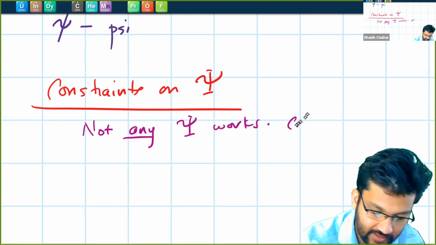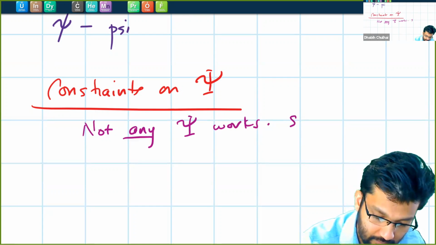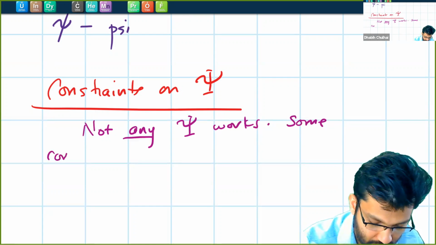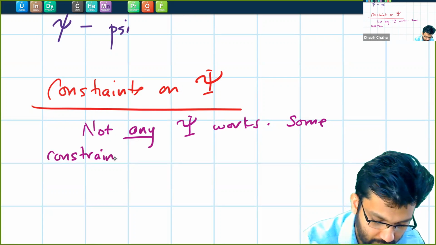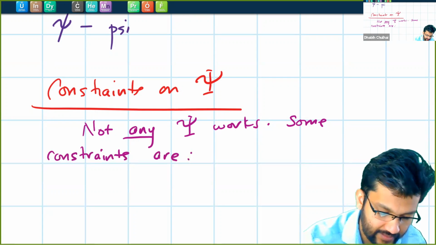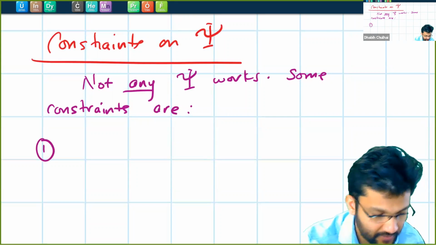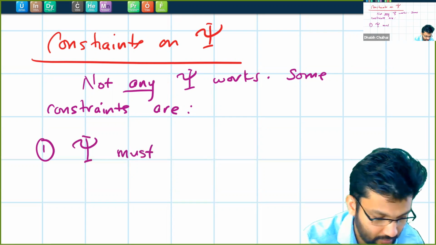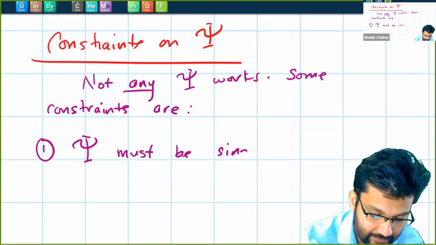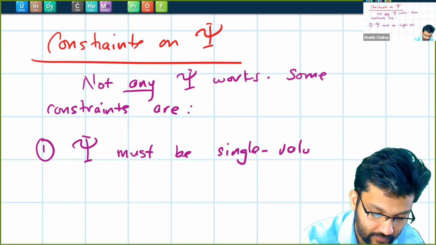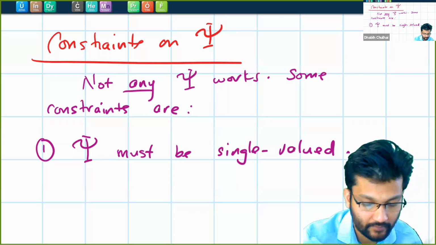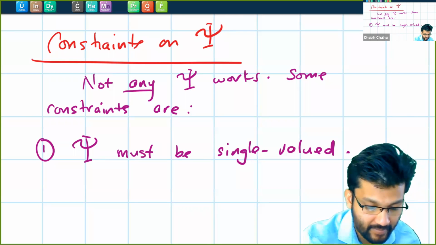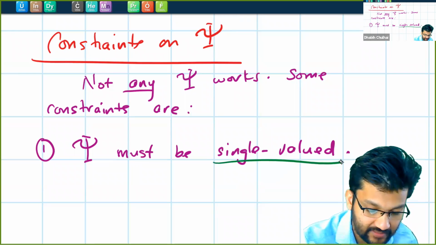And some constraints would be, all right, let's explore them one by one. The first one will be psi must be single valued. What does that mean, single valued?